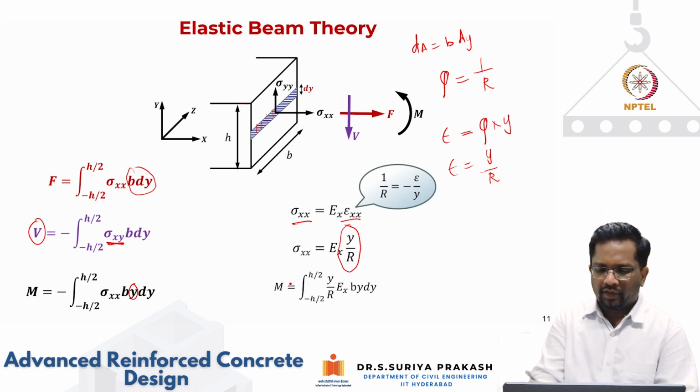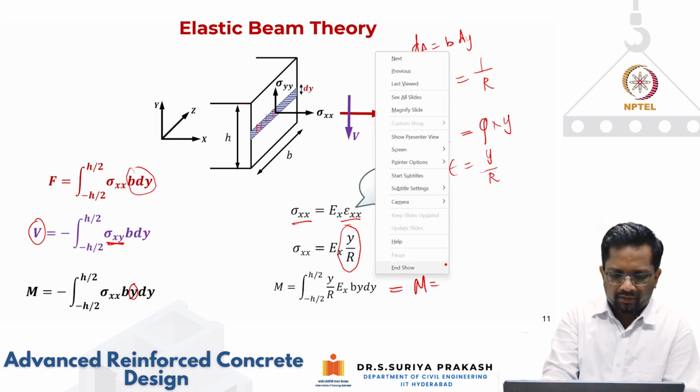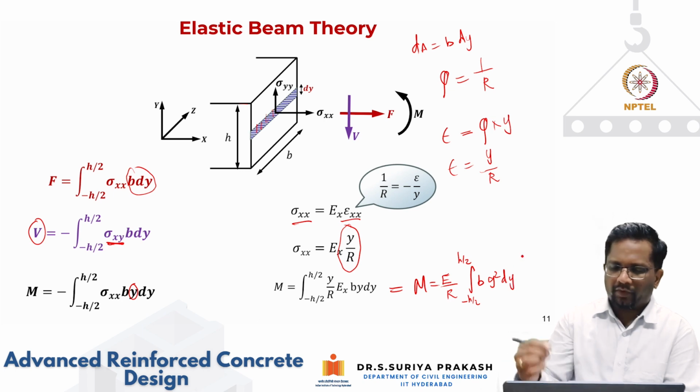So if you do that, this becomes M is nothing but E by r multiplied by the integration from minus h by 2 to plus h by 2 of b y square dy.